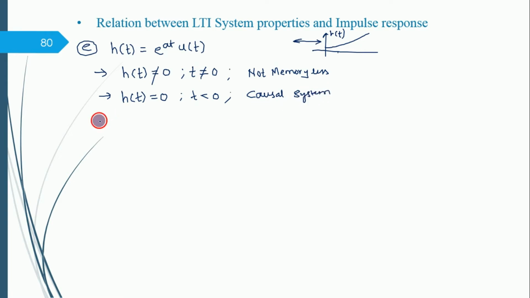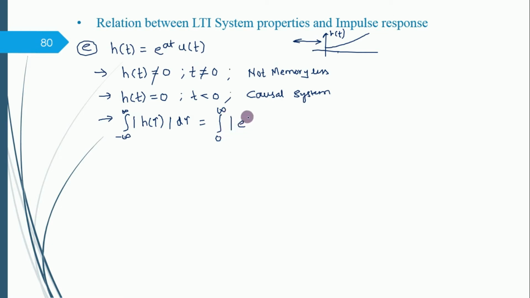Now coming to stability, here you need to concentrate more. The stability condition is the integration, because it is continuous time, from minus infinity to plus infinity of mod h of tau d tau. This can be written as integration, and as you have u of t, the limit changes from 0 to infinity, because u of t is multiplied to e raised to at. u of t exists only from t greater than 0 till infinity, that's why I'm changing the limit.